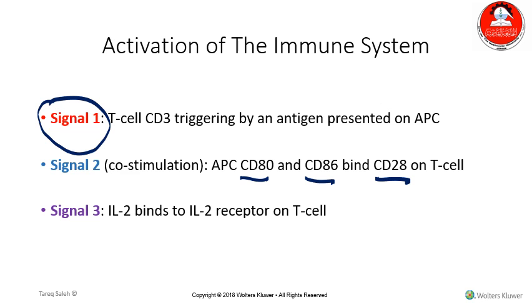This binding will enhance the activation of T cells. The last step is cytokine mediated, meaning that T cells become activated by the binding of different interleukins, such as interleukin 2, which binds to IL-2 receptors located on the surface of T cells, resulting in their proliferation.